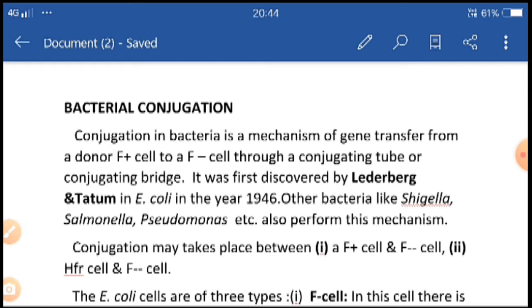The donor cell may be F plus or HFR, and the recipient cell is always F minus. Now we have to know what an F plus cell, an F minus cell, and an HFR cell are.